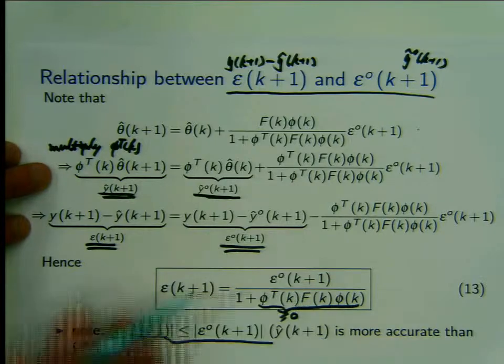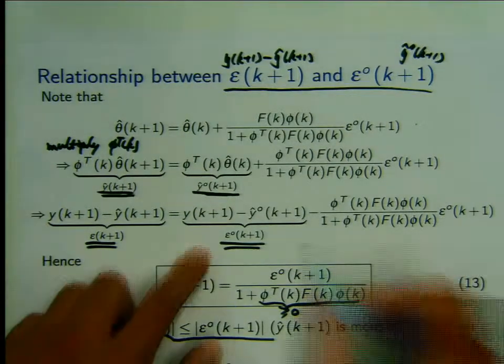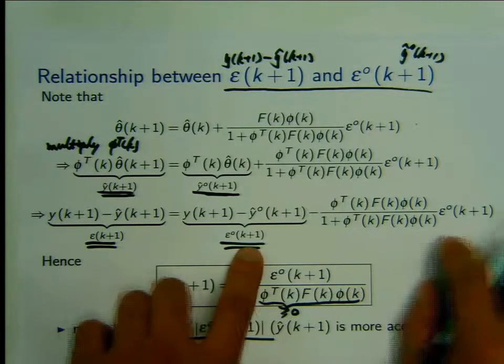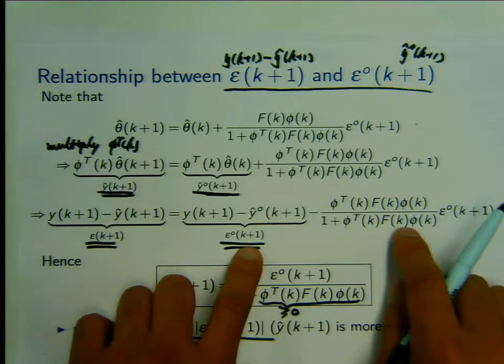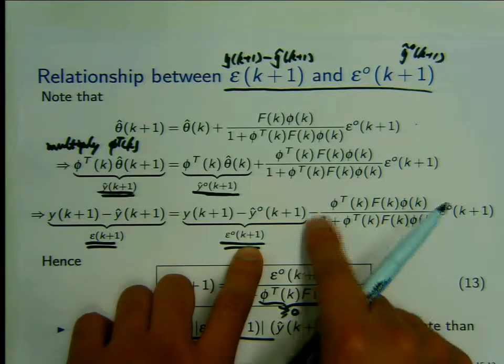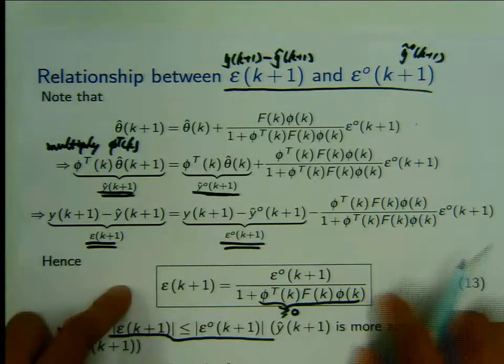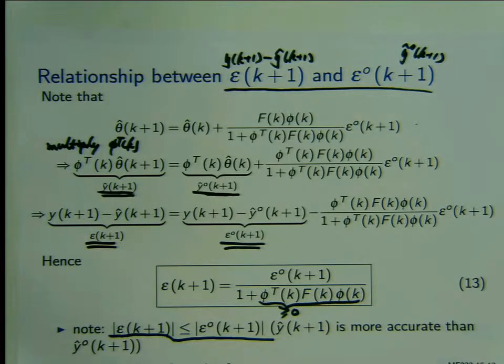You get this result here. Massage these two terms together, and you get 1 plus phi transpose f phi minus phi transpose f phi. In the end, you obtain this equation. It's just linear algebra; there aren't many tricks I want to mention here.